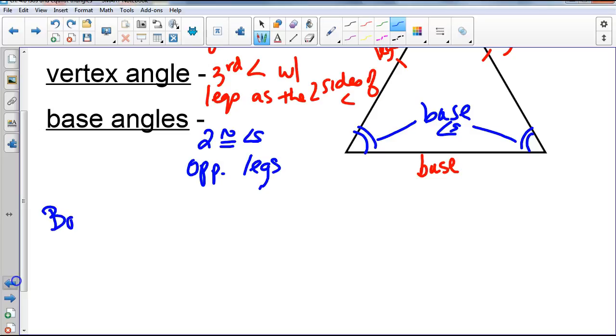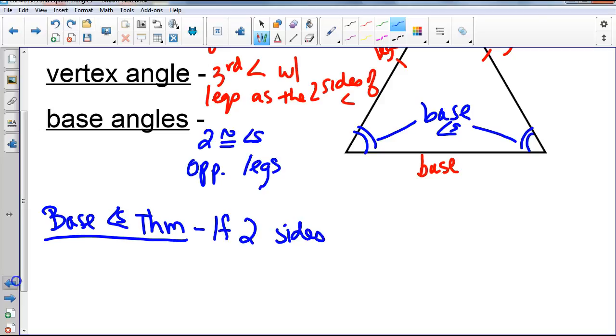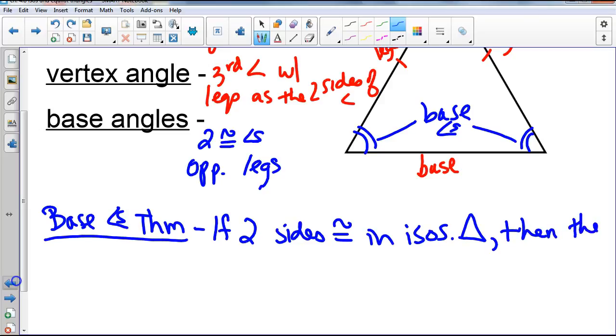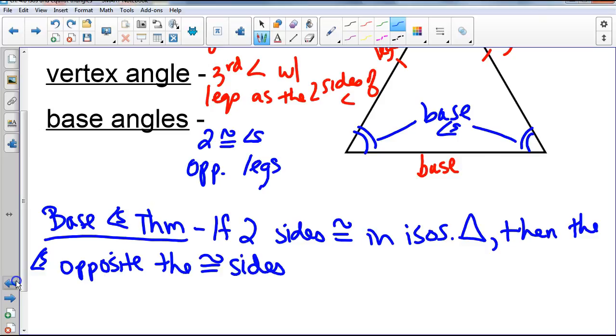The base angles theorem says that if two sides are congruent in an isosceles triangle, then the angles opposite the congruent sides are congruent.